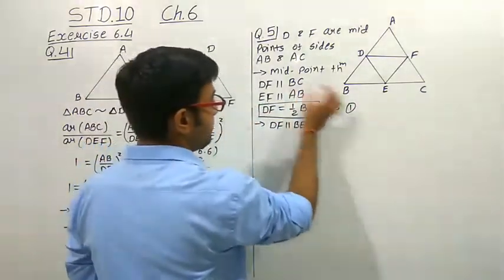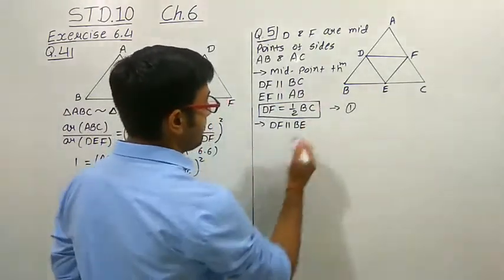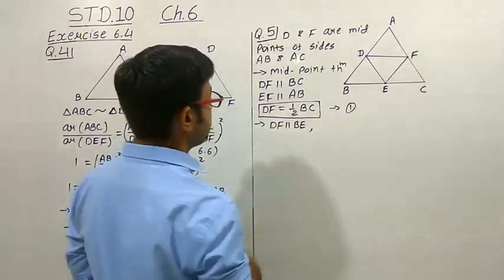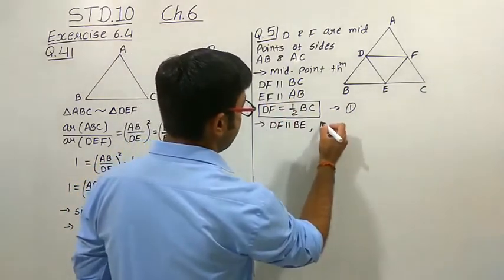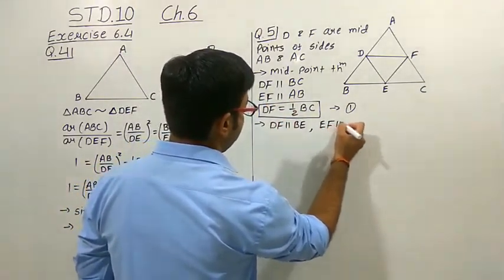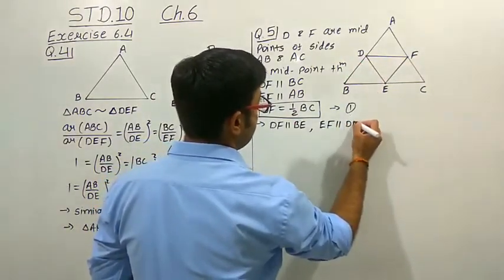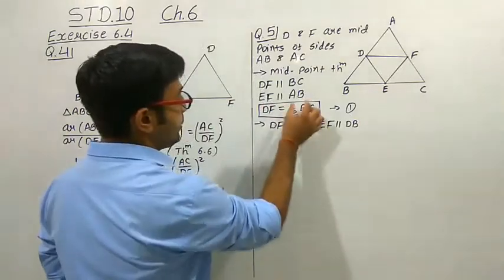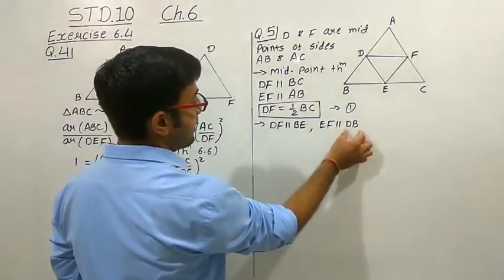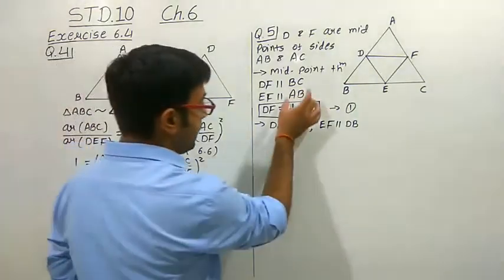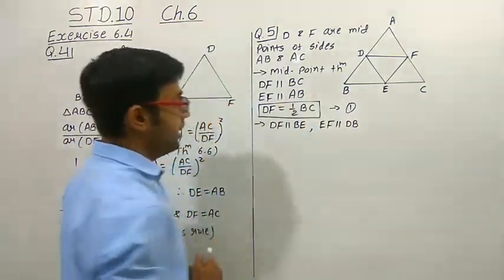In the same way, here also we have written down that EF is parallel to AB. So instead of that we can write down that EF is parallel to DB, because A, B and D, all the 3 points are collinear.